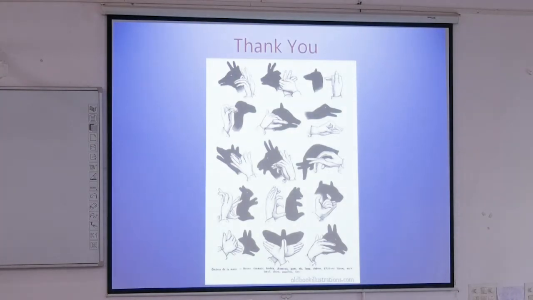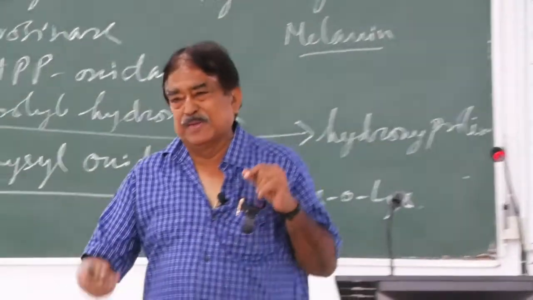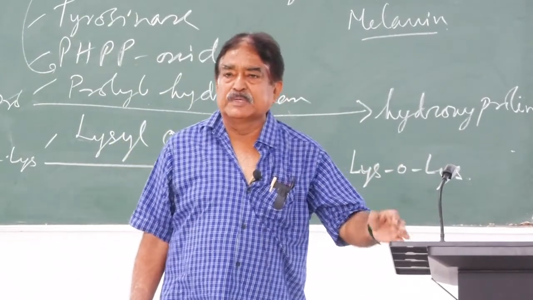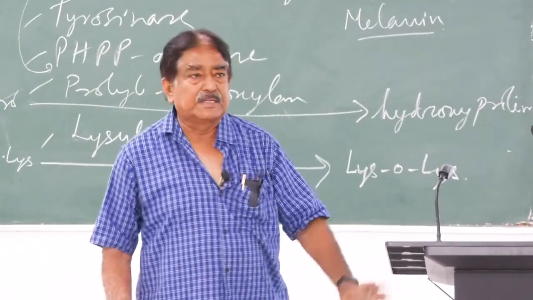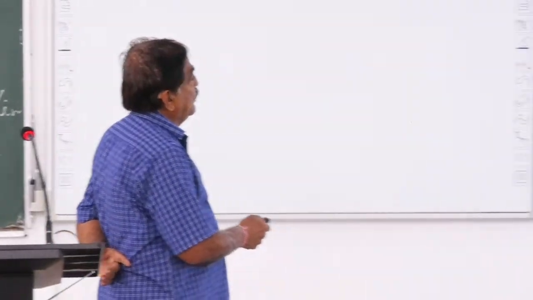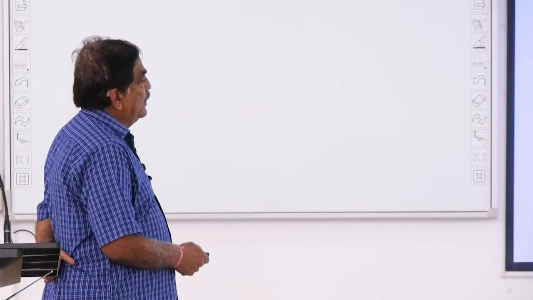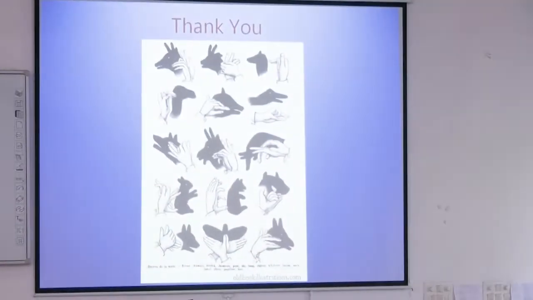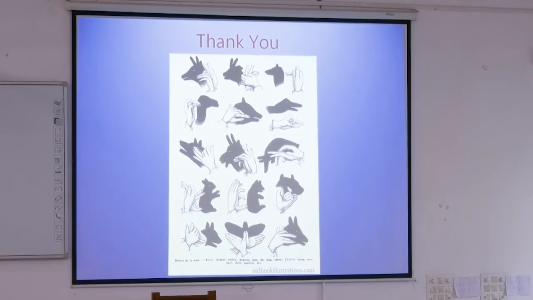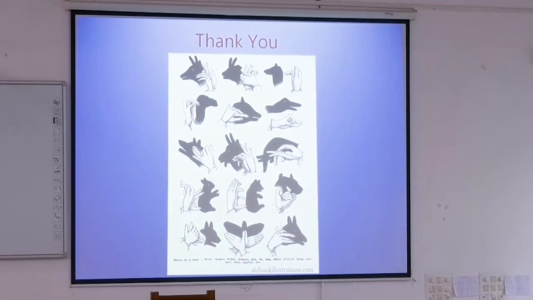Now, this is the shadow puppetry. You'll be seeing it on your Facebook. You can download it from Google. But the imagery is all done by the hand. If your lumbricals are torn, if your interossei got injured, then these tricks cannot be done.